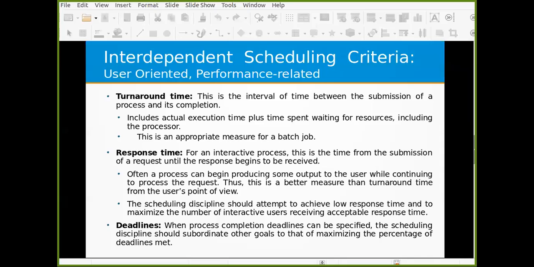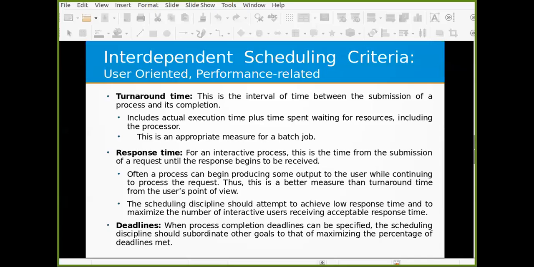Let's say you are doing some online shopping through the internet. You have an Amazon website account. That is interactive, because at every stage you need to provide some input. Let me select the item, let me select the mode of payment, and all this. But what is your expectation?